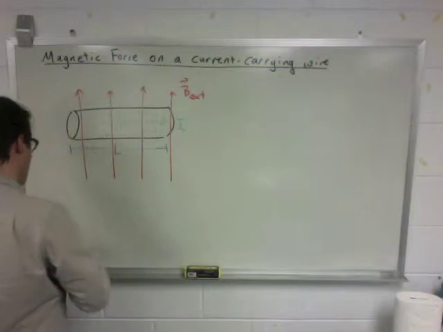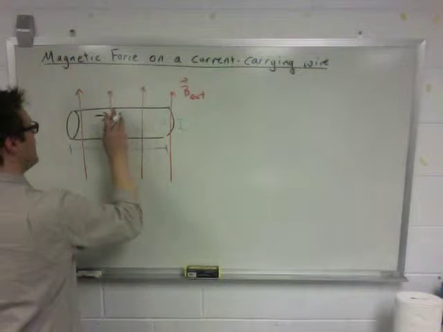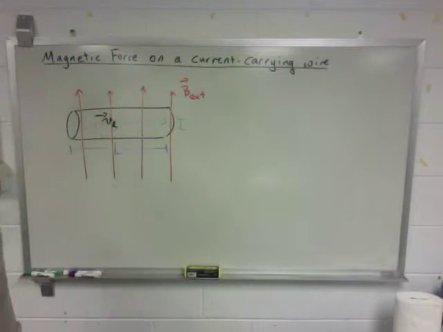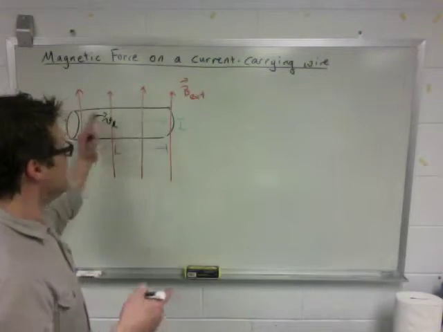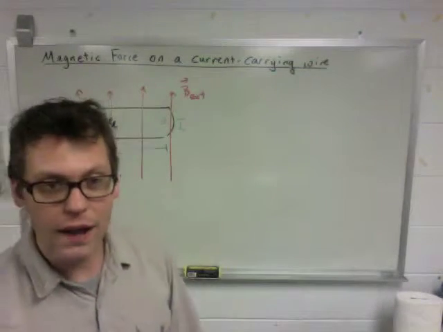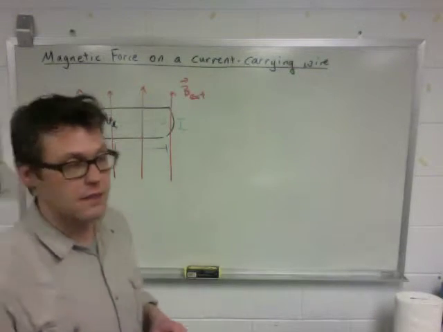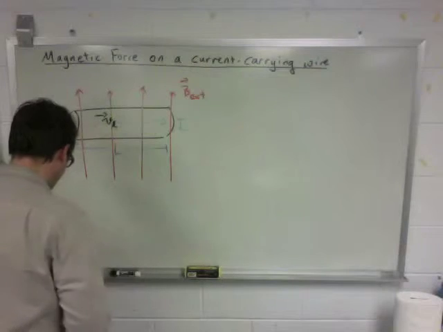We know what that speed is. It's called v sub d, the drift velocity, right? An electron, on average, is going to make it down the length of the wire with some drift velocity, which can be on the order of 10 to the minus 3 meters per second, something along those lines, right?